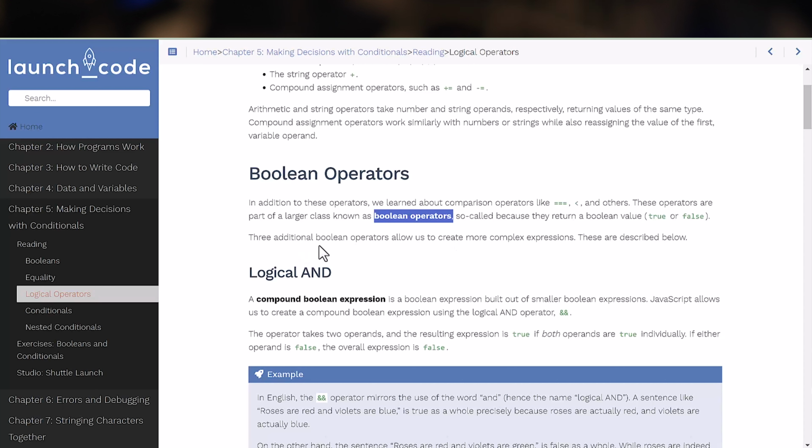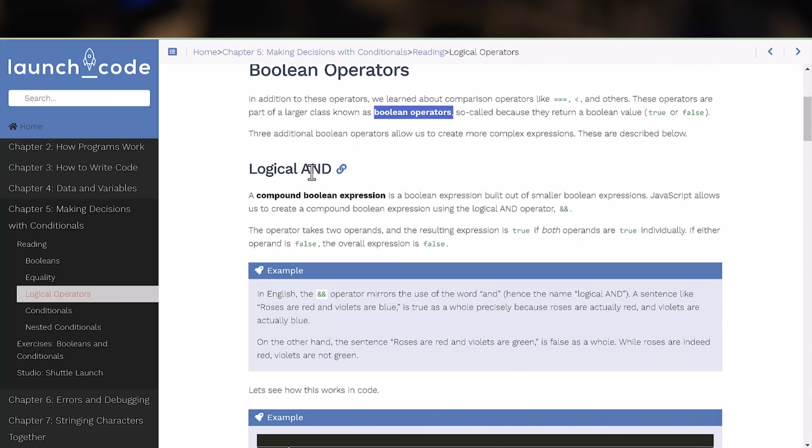In addition to these operators, we learned about comparison operators like strictly equal, less than, and others. These operators are part of a larger class known as Boolean operators, so called because they return a Boolean value, true or false. Three additional Boolean operators allow us to create more complex expressions.